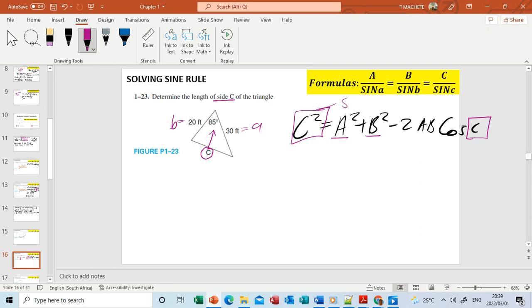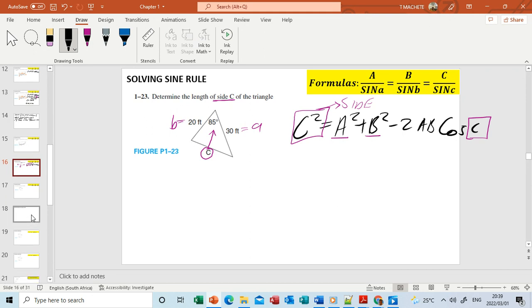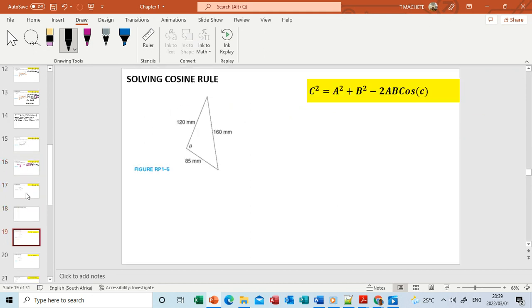This side. So now you know what to do. Is it necessary for us to solve it? I don't think so. We did something like this.